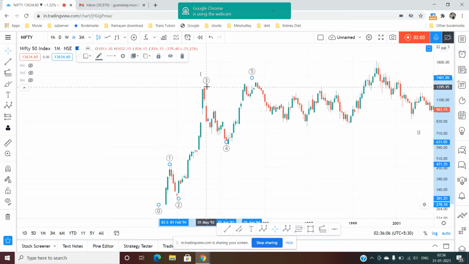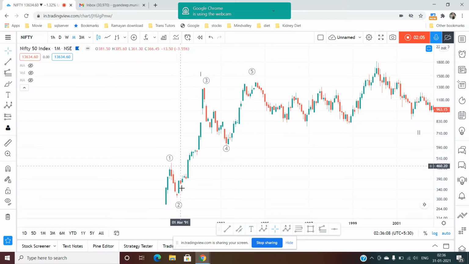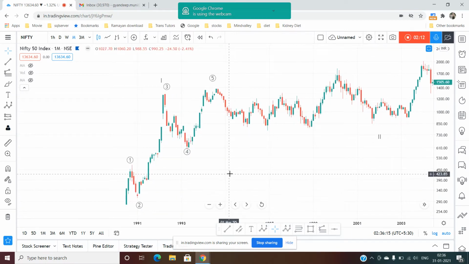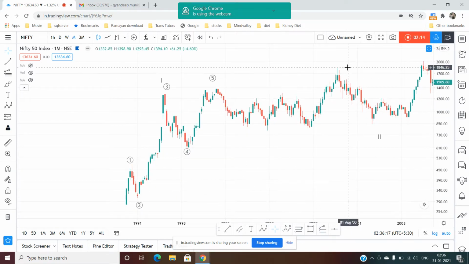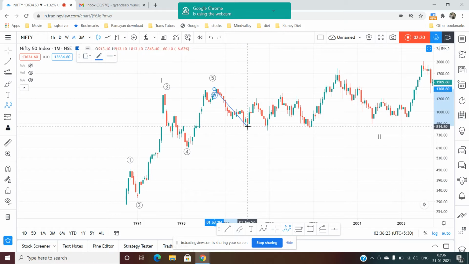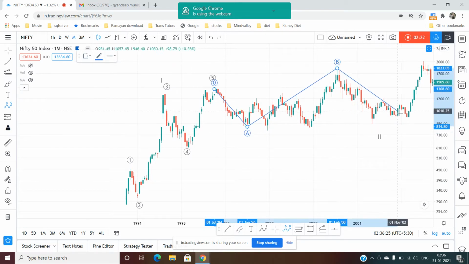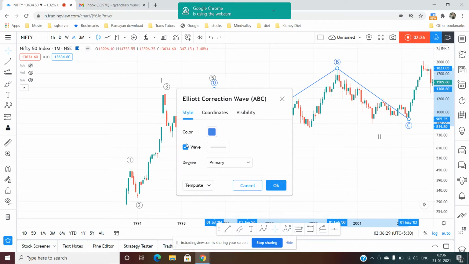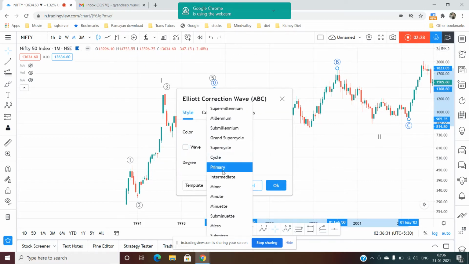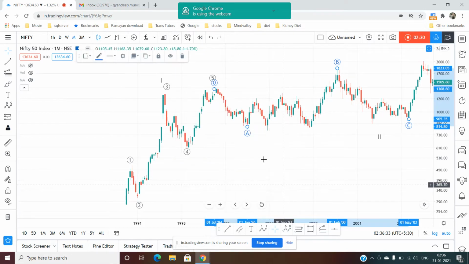So this is 1, 2, 3, 4, 5. And how is the corrective wave formed? The corrective wave is formed by A, B, and C. So this is A, B, and C. This is the primary waves.